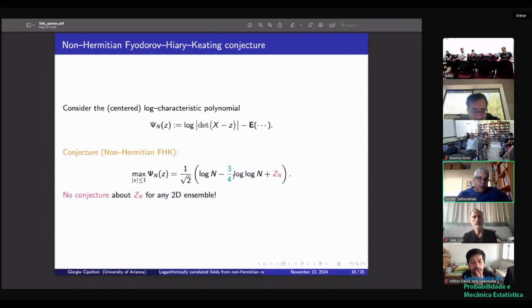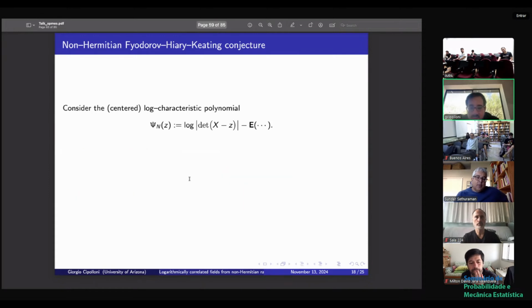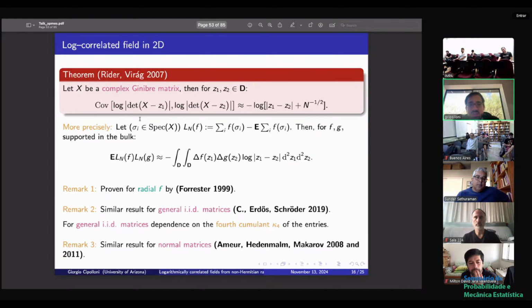Okay, but that correspondence, there's no chance to prove that? What do you mean? That this is log correlated? One can show that the log determinant is log correlated, but then the first step is to find something that's log correlated, and then check on the side the maximum, or this exponential measure, and show that it's basically the same as for, I don't know, the Gaussian free field or branching Brownian motion and so on.